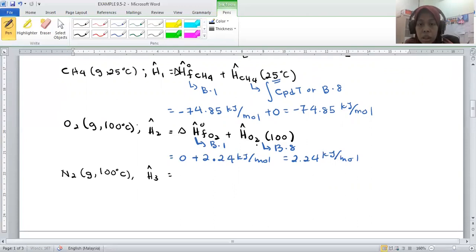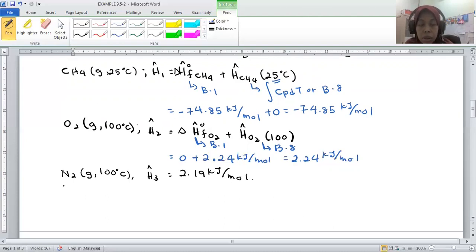You can also take the specific enthalpy of nitrogen at 100 degrees at table B8. So the value is 2.9 kilojoule per mole.